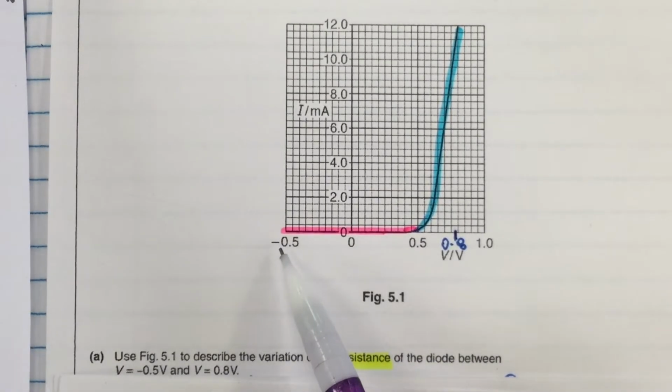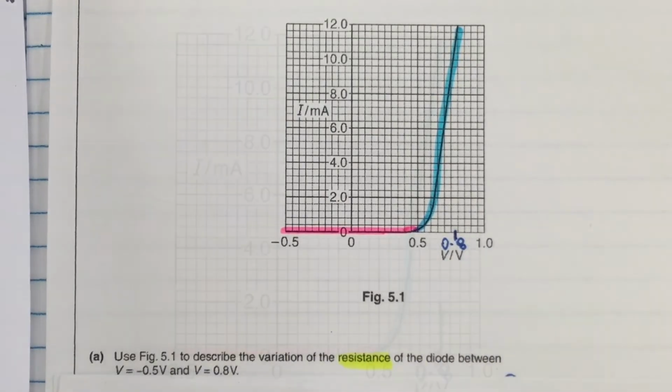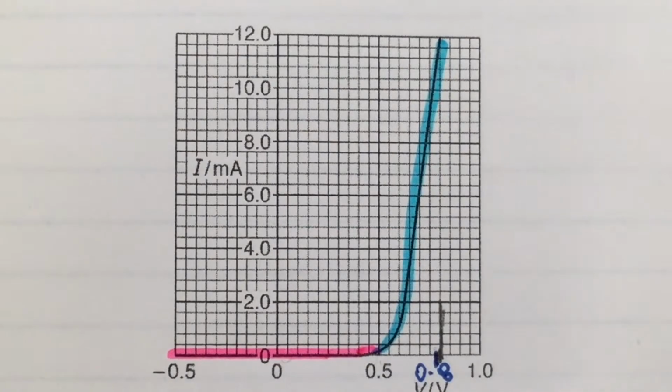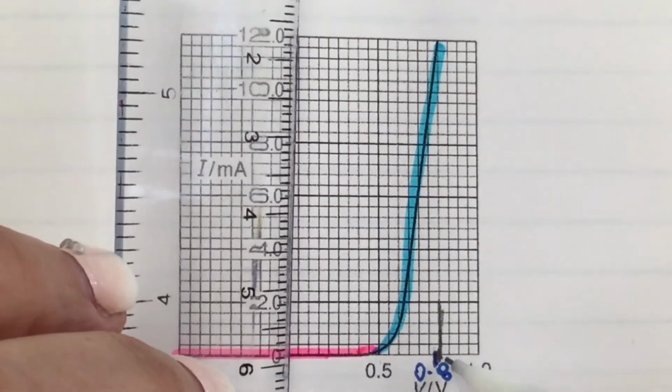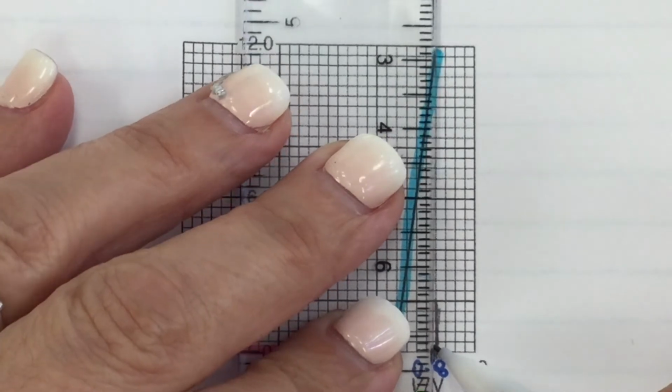So negative 0.5 volts is right here, and 0.8 volts is right here. I want to bring this graph a little bit closer to identify 0.8 volts, which is right here.